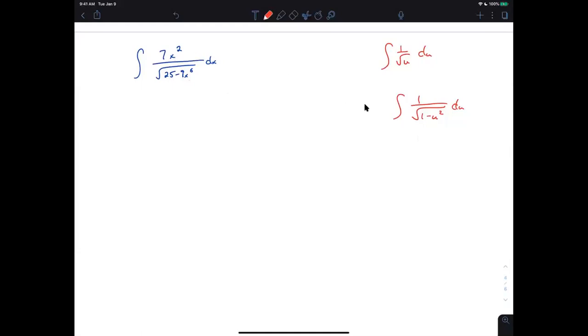So we have to make it match 1 minus u squared. So I'm going to factor out the 7 over the square root of 25. And we get it to that.